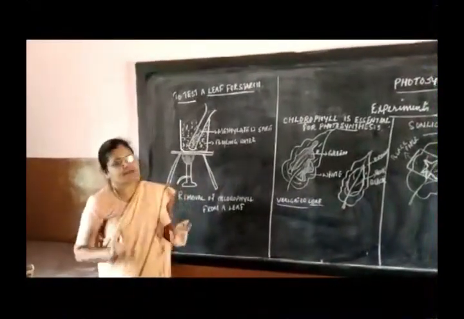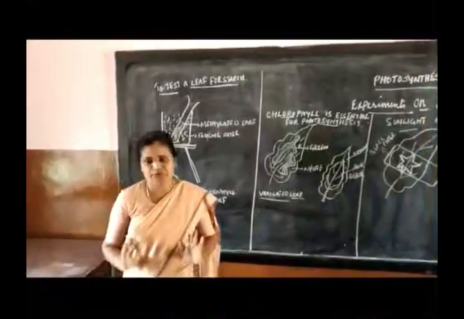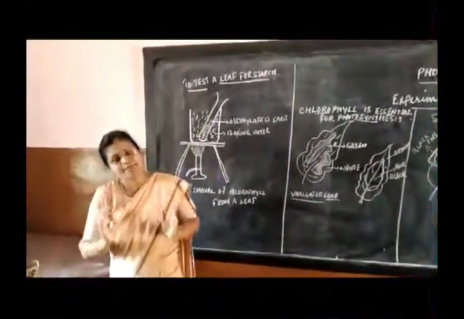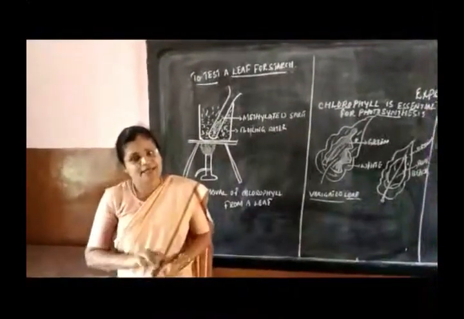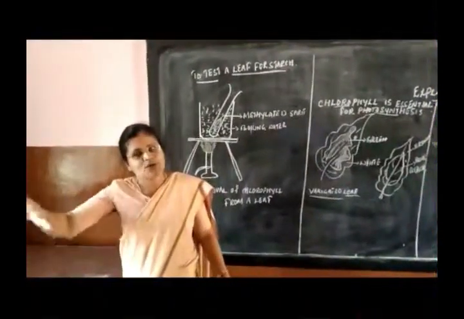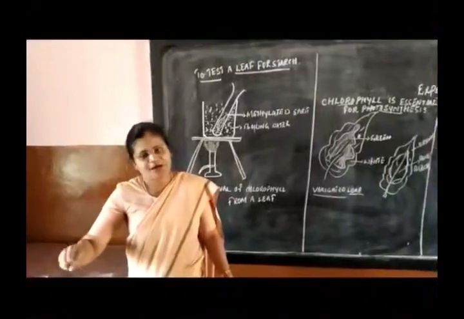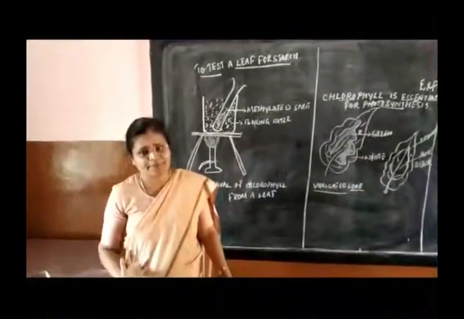Why do you keep the plant in darkness for 24 to 48 hours? We keep the plant in darkness so that no sunlight is available, and automatically photosynthesis does not take place.